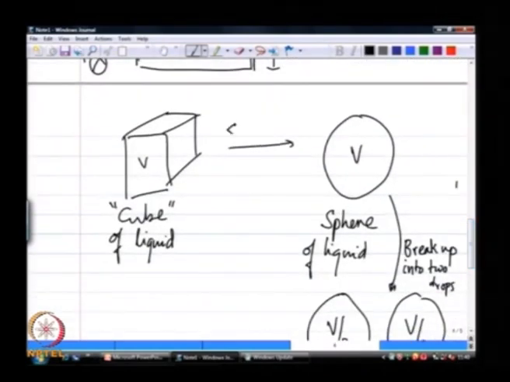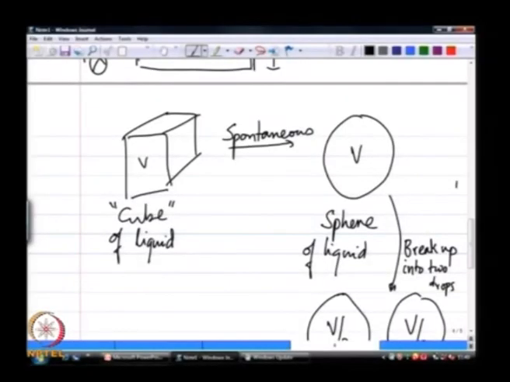This process is spontaneous, meaning that I do not have to input any external work to make it go from a cube to a sphere, whereas to make it go from a sphere of volume V to two spheres of volume V over 2 each, I have to input some sort of work. I mean, it is sort of intuitive. I want to put some numbers around this in just a moment.